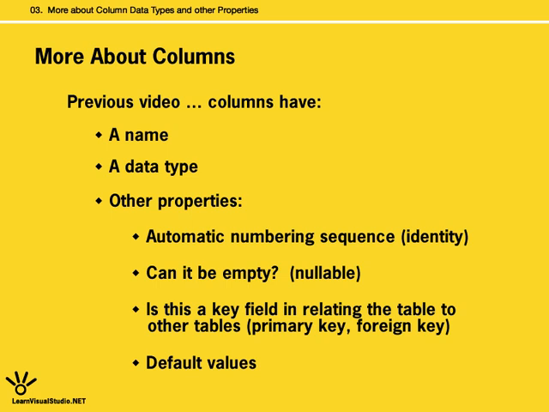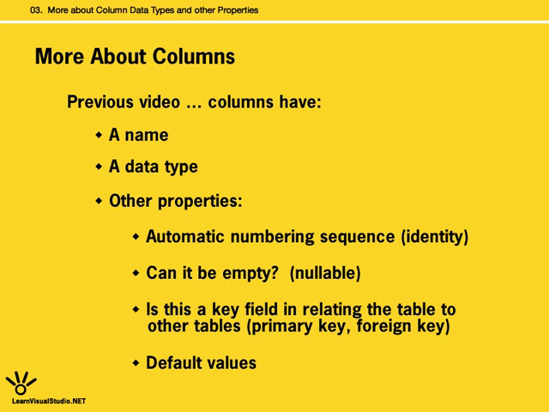We already looked at whether or not a field can be empty or not by setting the nullable property for a given field. We haven't really covered this yet, but is this particular column that we're working with a key field in relating the table to other tables? And so we can set a property that basically designates this as a primary key or whether it's used as a foreign key.